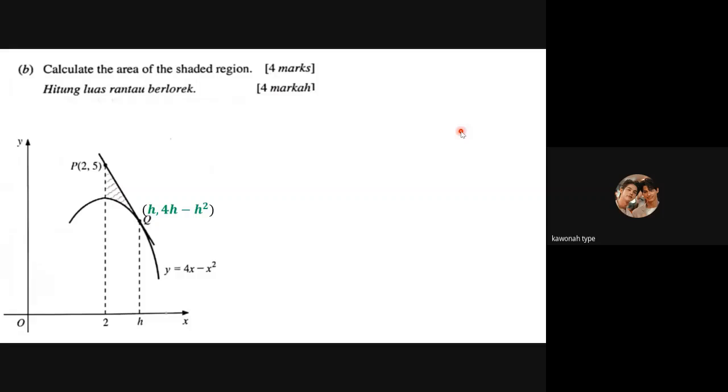We do integration of y dx first, maybe. Okay, integration to look for what? For x minus x squared. No, I don't want the equation. I want you to explain to me. When you integrate, what are you looking for?